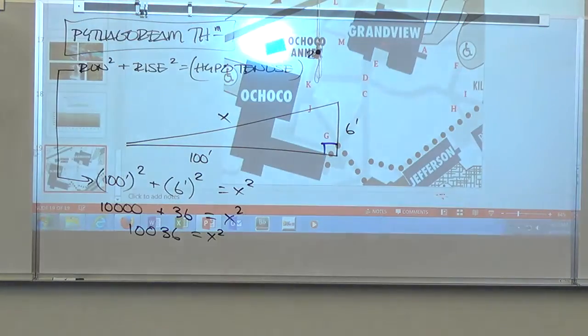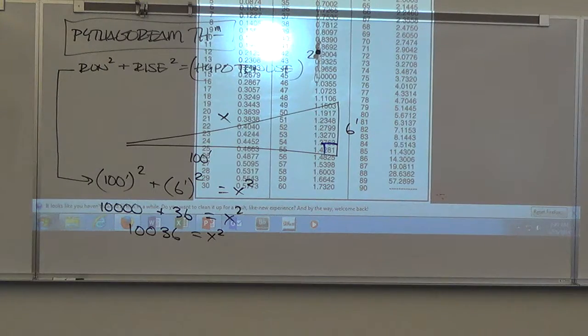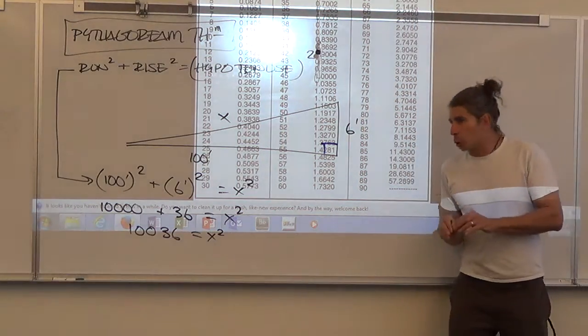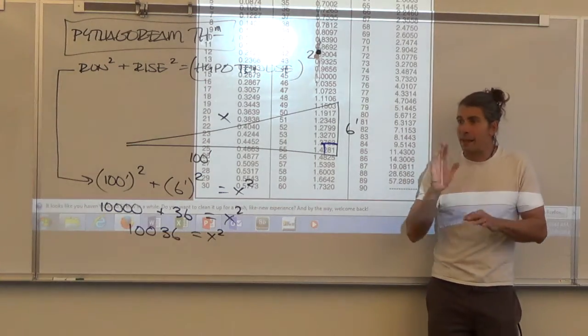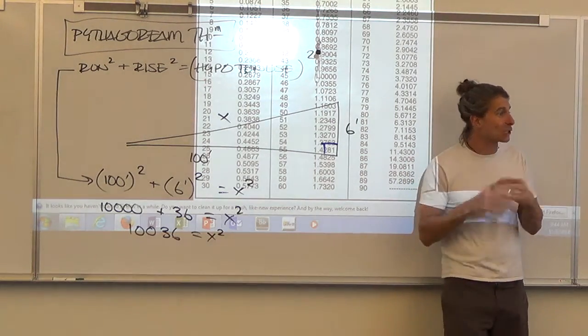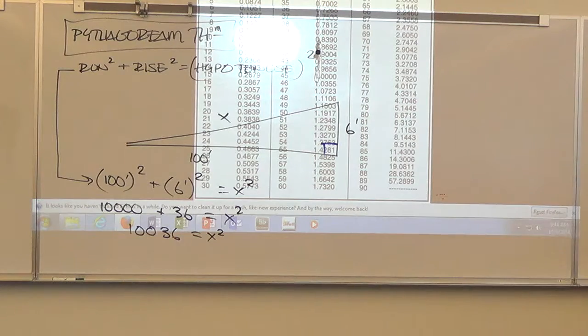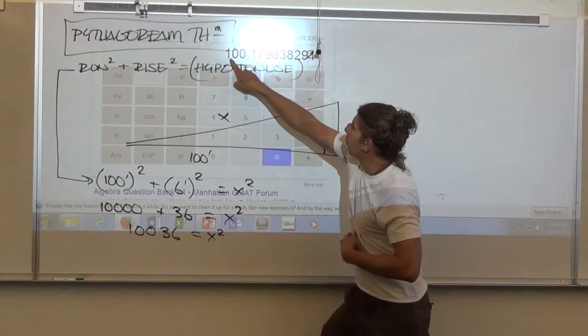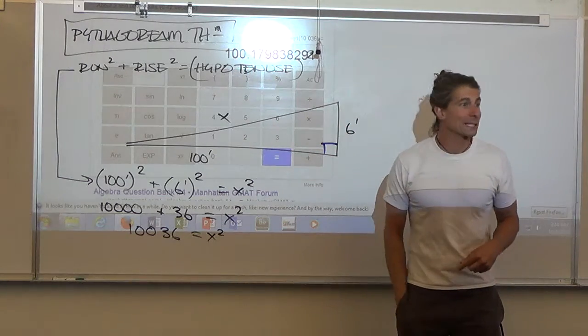If you just go to Google, up here in the search bar, there's an old command back from the days of basic programming. SQRT is square root. So you can simply type SQRT and then put the number in, and then it'll tell it to you. It's right here: 100.18.